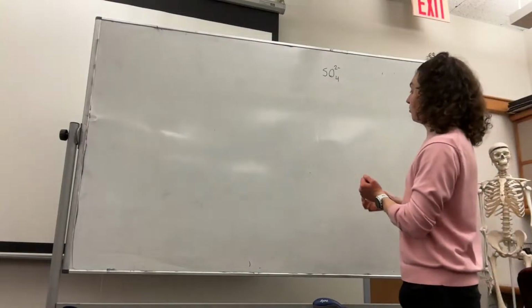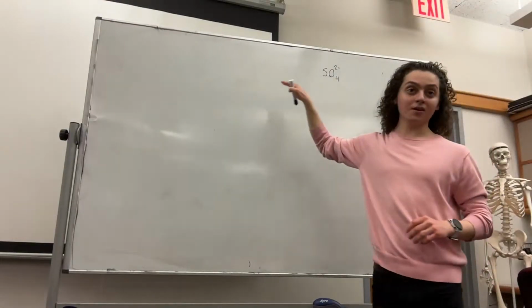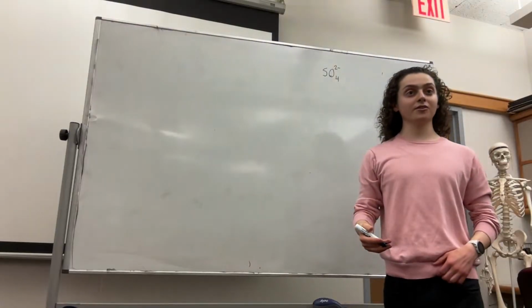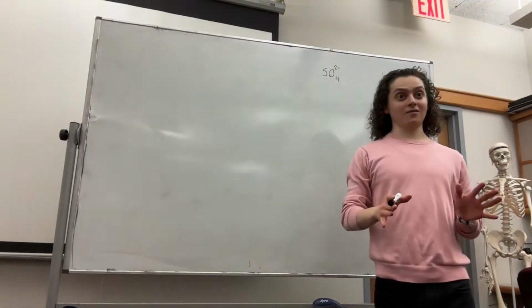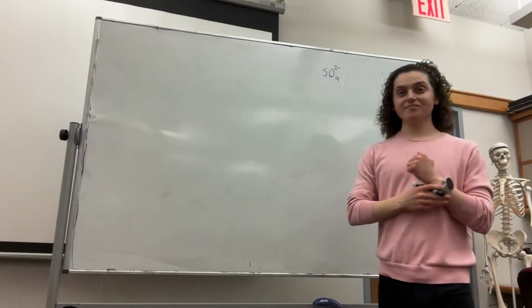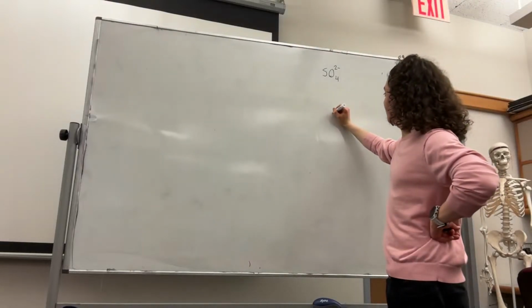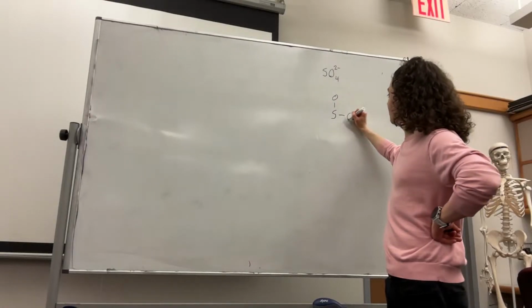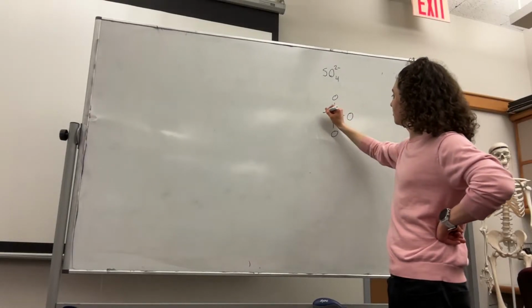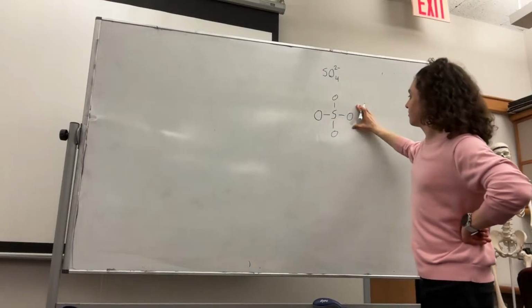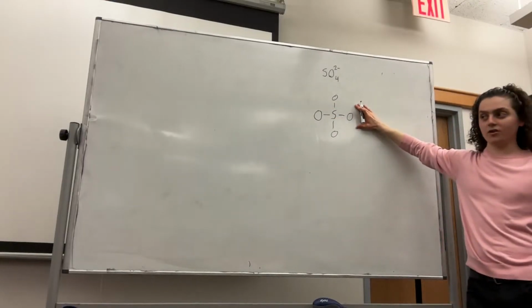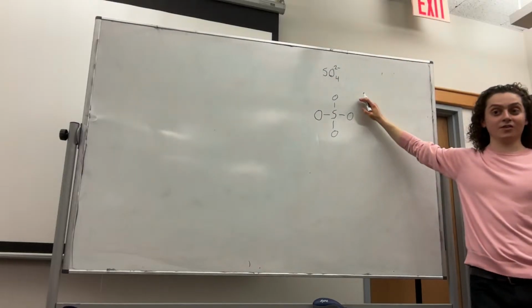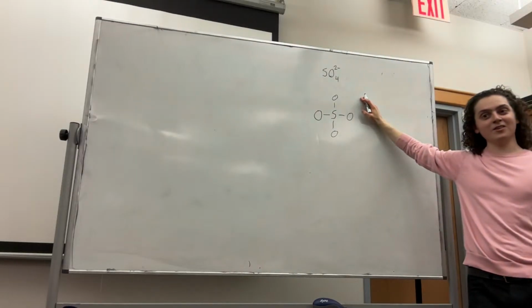So if this Lewis structure ends up being too many electrons on sulfur or too many bonds to sulfur, that's going to be okay. Okay, so I have S, O, O. The first thing that I like to do when I'm drawing a Lewis structure is to take all of the atoms and connect them with single bonds. So that's going to be step number one.